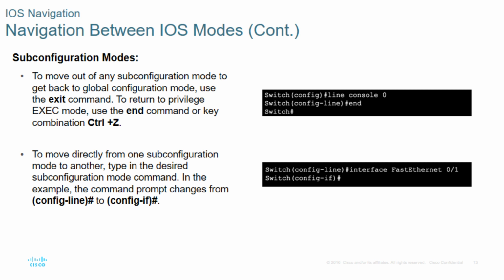So now to move from any sub-configuration mode to the privileged mode, enter the end command, or enter the key combination Control plus Z, right? And you can also move directly from one sub-configuration mode to another. Notice how after selecting an interface, the command prompt changes from one to another, right?